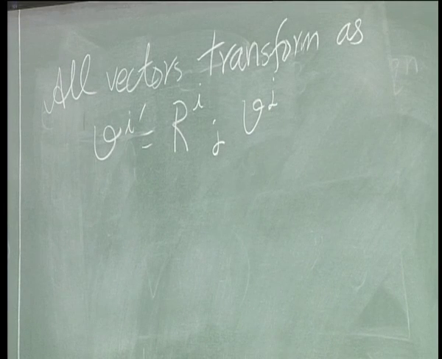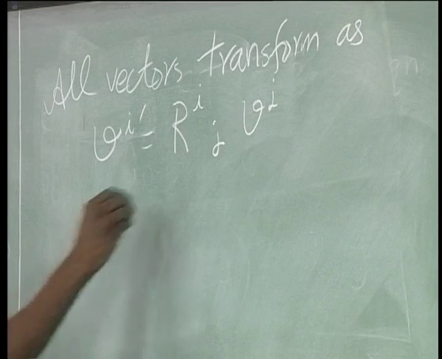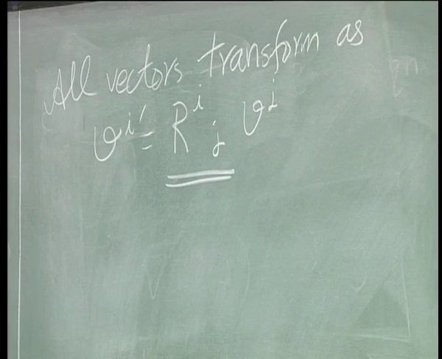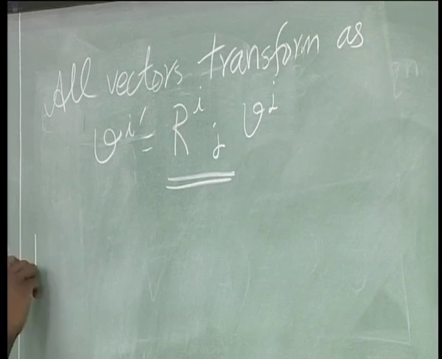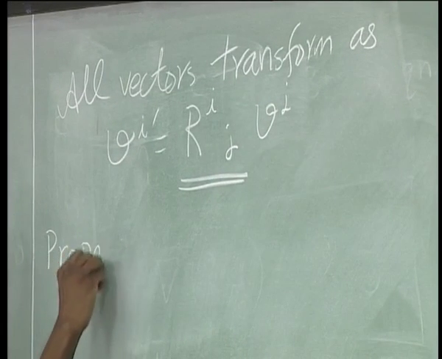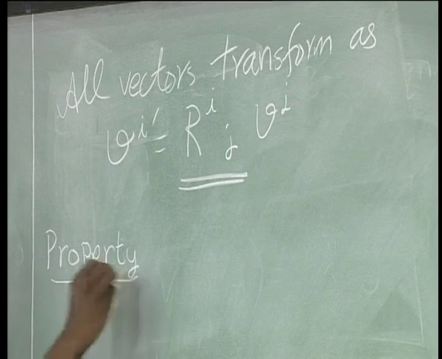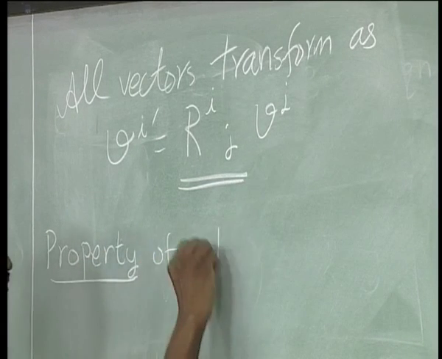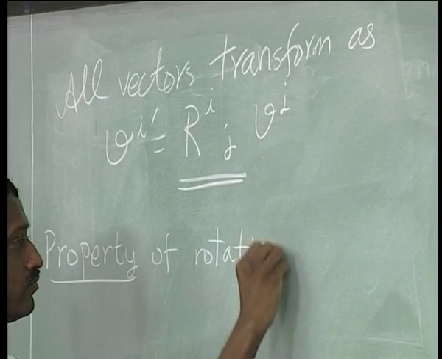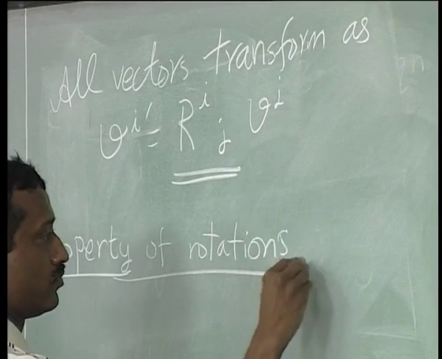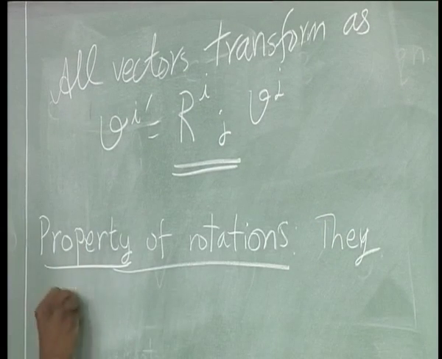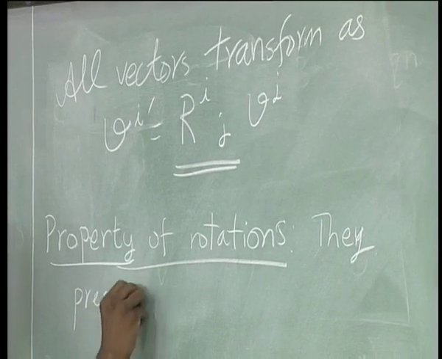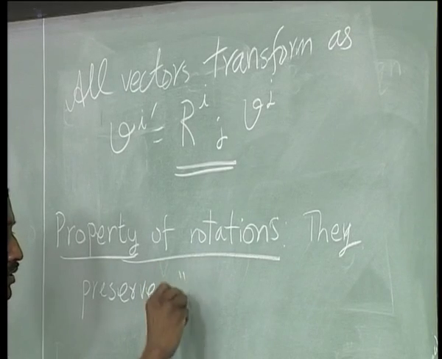So, let us ask what are the properties of this matrix, what characterizes these things. We know that under rotations the length of a vector is preserved. Okay, so, the property of a rotation, very important actually. Lengths.